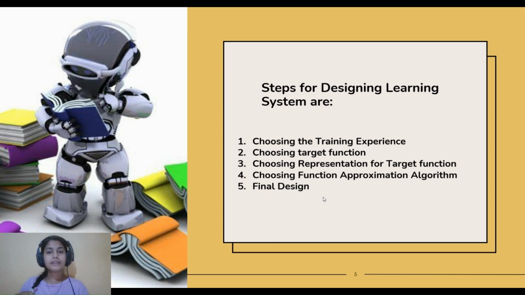In that case, it will do an approximation. It will not give a perfect output, but according to the approximation it will give the output. The last is the final design. So let's see one by one what the steps are and what is done in each of them.